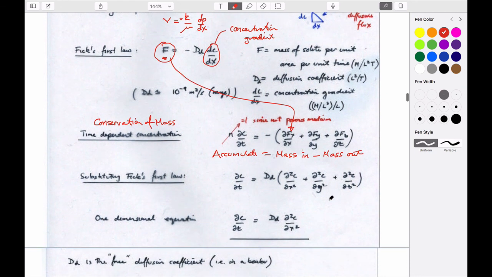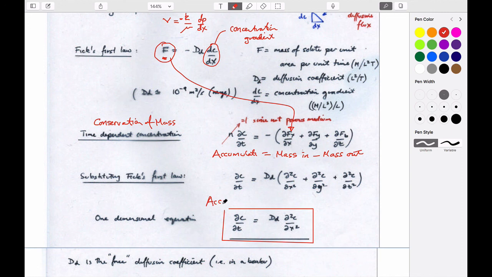And if we do that substitution, we end up with an expression that looks like this. If we simplify it from this three-dimensional form to a one-dimensional form, this term is just the same as this.